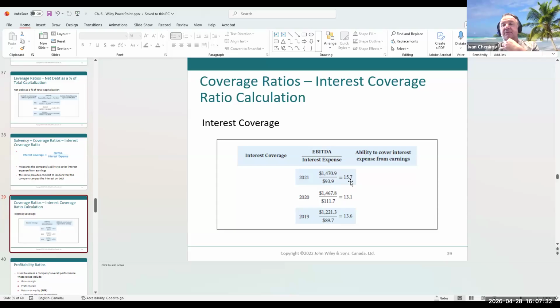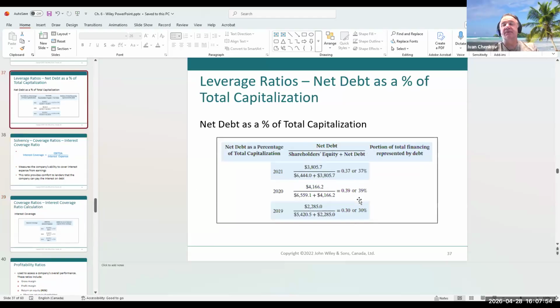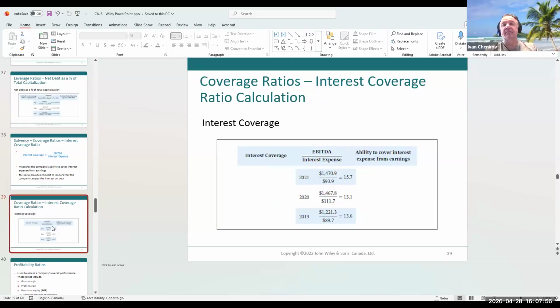So what that means? That simply means that this company is getting cheap debt. They are generating revenue, which transfers to income, which they can use to pay their interest expenses. So increasing the debt for this company is not a problem.